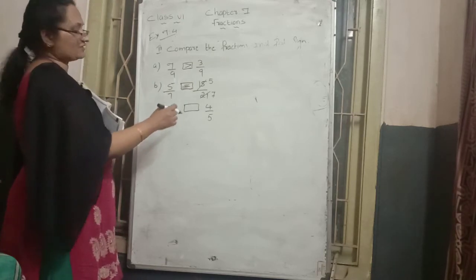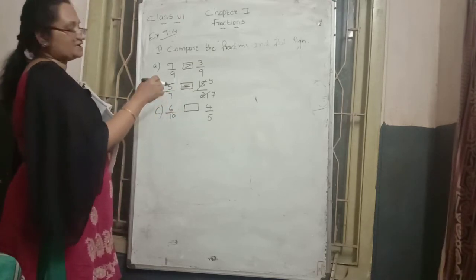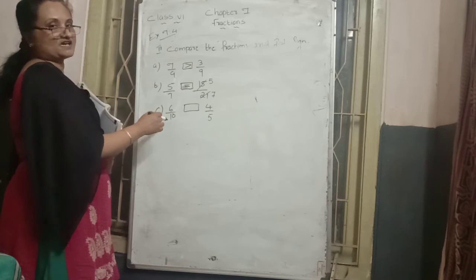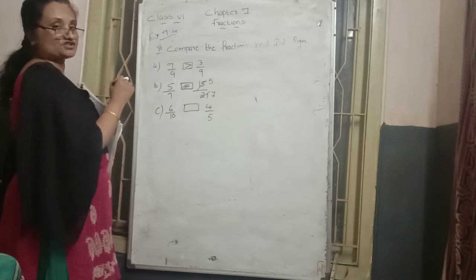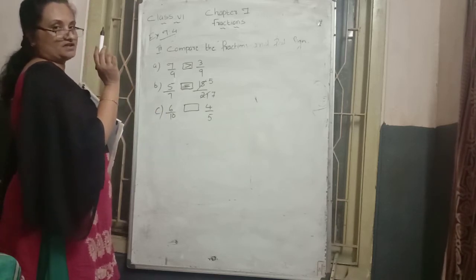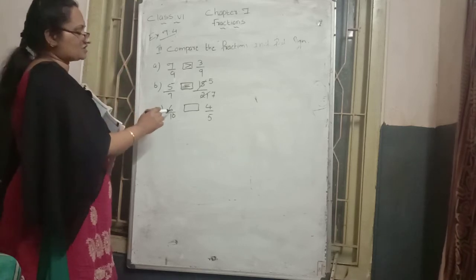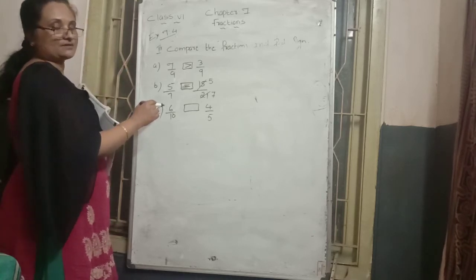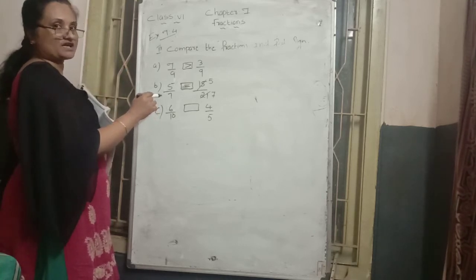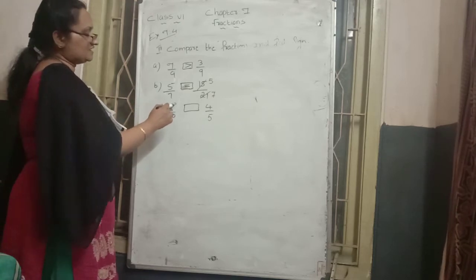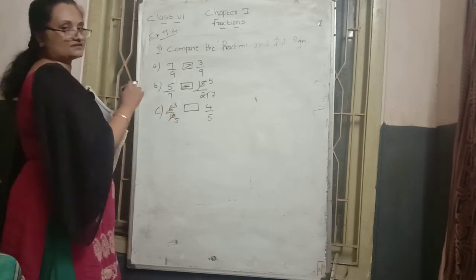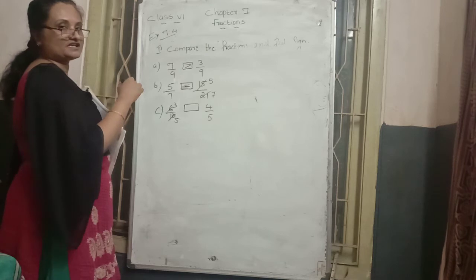In this case also, first we check whether cancellation is possible. Yes, 6 by 10 can be cancelled. Which table? Both 6 and 10 belong to the 2 table: 2 3s are 6, 2 5s are 10. Using the 2 table we can cancel both numerator and denominator.